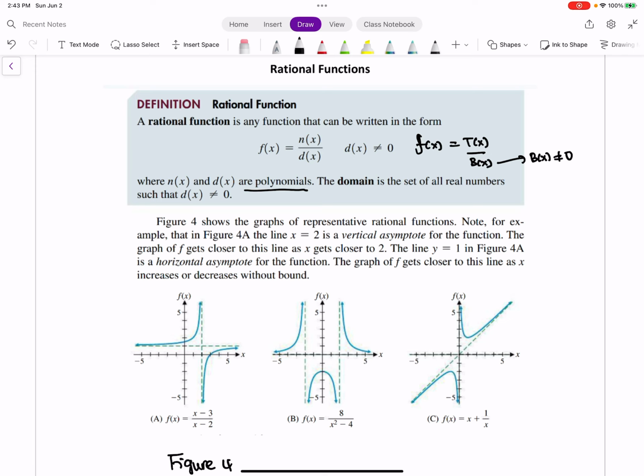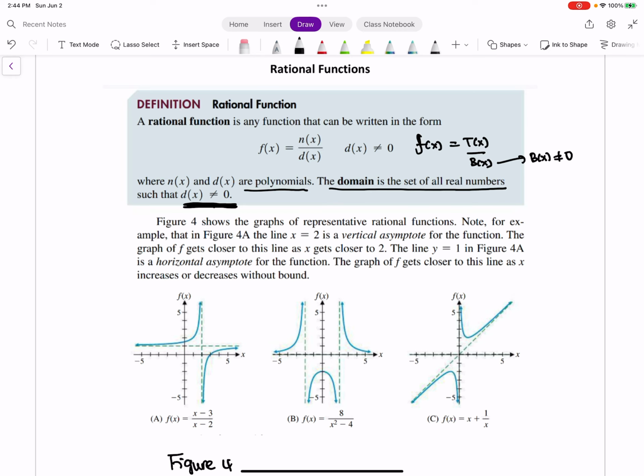The domain of a rational function is not the set of all real numbers, but depends on the x's that make the denominator zero, which makes the function undefined. So it is not like a polynomial function; you have to look at the denominator, and the denominator should be different from 0. From that, you can conclude the domain of a rational function.